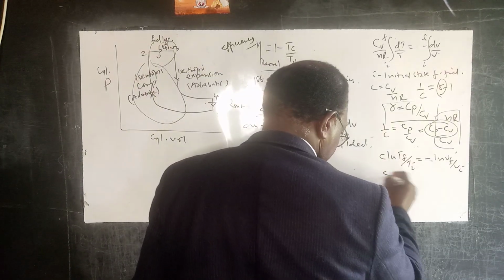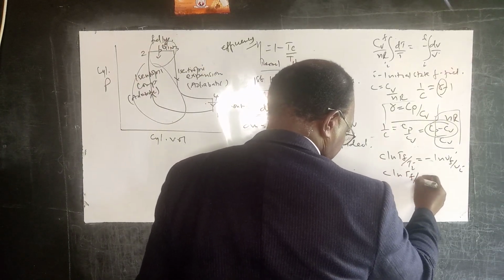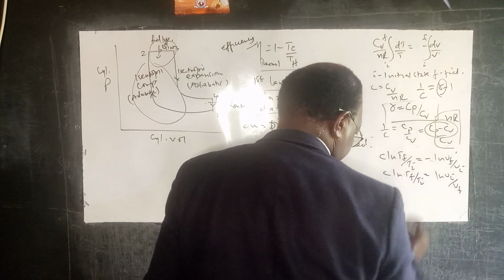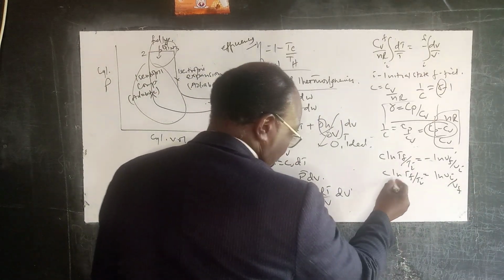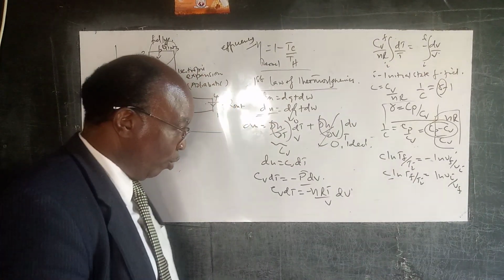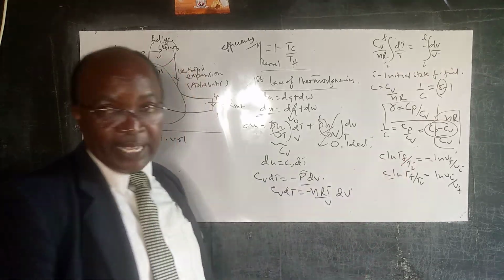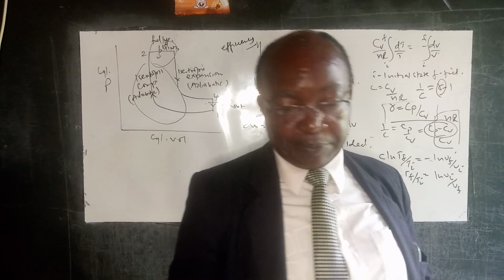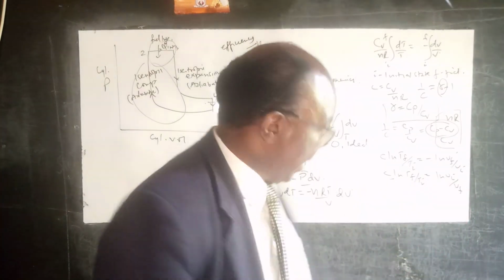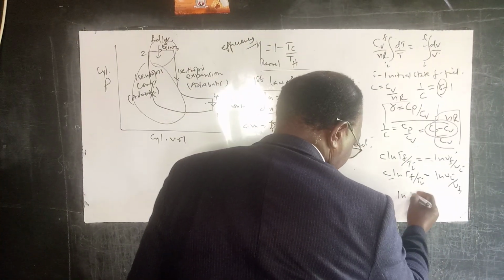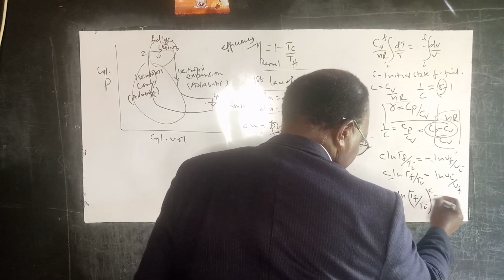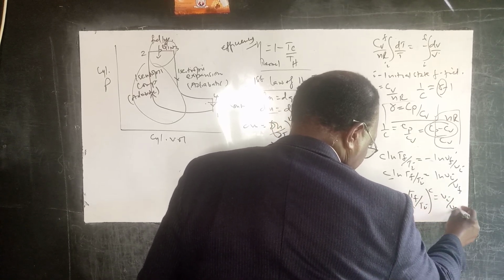So I'm going to use that identity: C ln TF over TI is equal to natural log of VI over VF. Secondly, to remove that C, which is multiplying that log quantity, I can take it as an exponent. If I have M times the natural log of Y, then it can be expressed as natural log of Y raised to power M. So we just have natural log of TF over TI raised to the power C is equal to VI over VF.